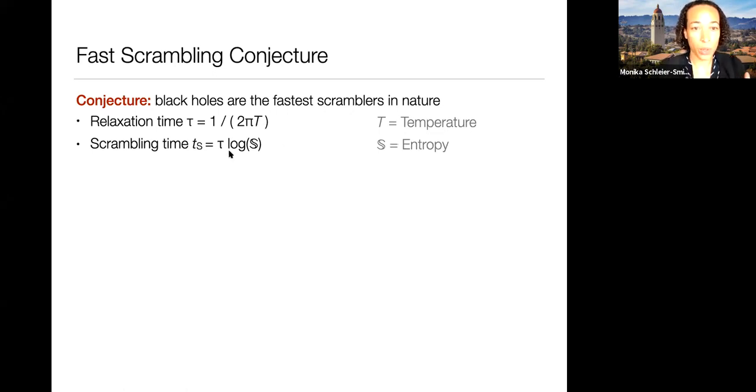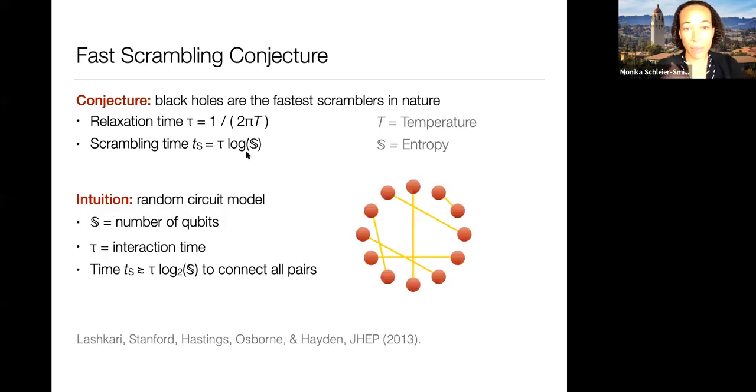But for a perturbation to spread over the entire Hilbert space, that's longer than just local observables equilibrating. The fastest this could go is this characteristic timescale times the log of the entropy of the system, where if I have n qubits, that entropy just scales as n.